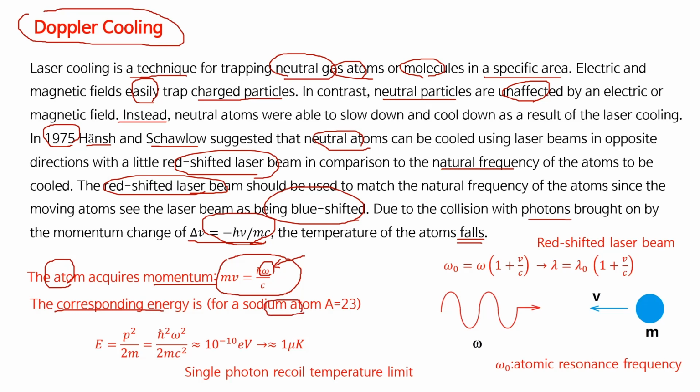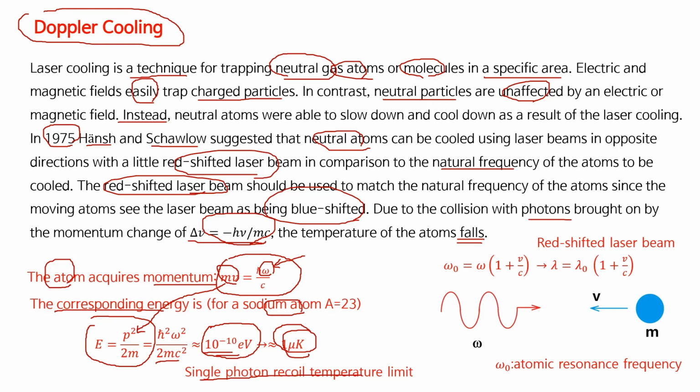We can calculate the energy, equal to p squared over 2m, where p is this momentum change, and we get about 10 to the minus 10 electron volt energy change, so we can get the temperature in microkelvin. That is called the single photon recoil temperature unit.